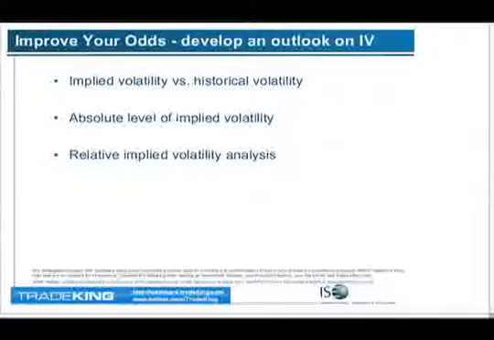So basically, what relative implied volatility analysis is about is it's kind of like when you go to the mall and it's so big, you don't know where you are exactly and where the store is that you need to get to. So what do you do? You go up to the kiosk and you look for the big map and you're looking for the "you are here" symbol, right?